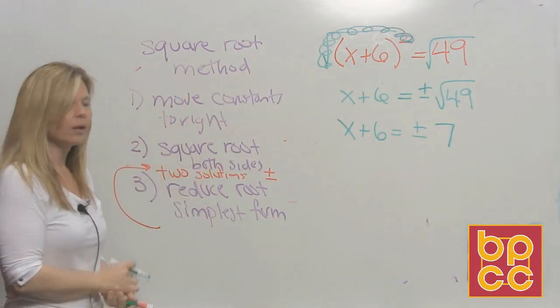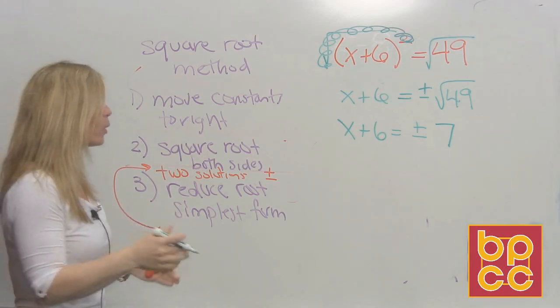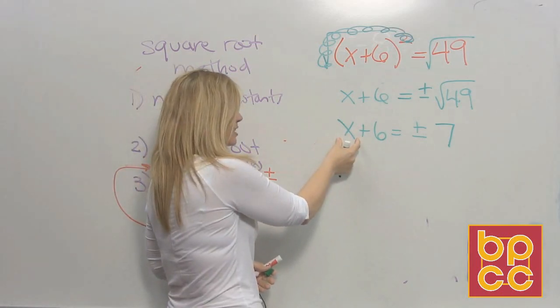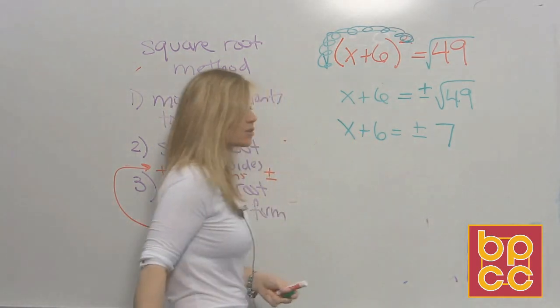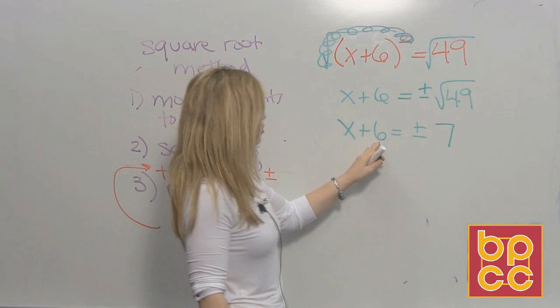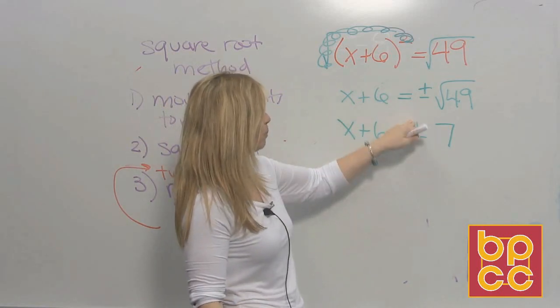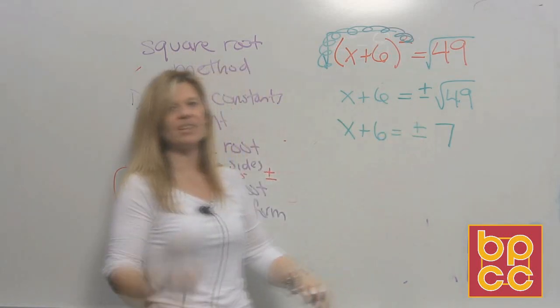But you're not done. Remember, your goal in solving equations is to find out what x is. Get it isolated by itself. So we're still going to have to move that 6. But you don't want to move that 6 right now because we can't work with both a positive 7 and a negative 7 at the same time.